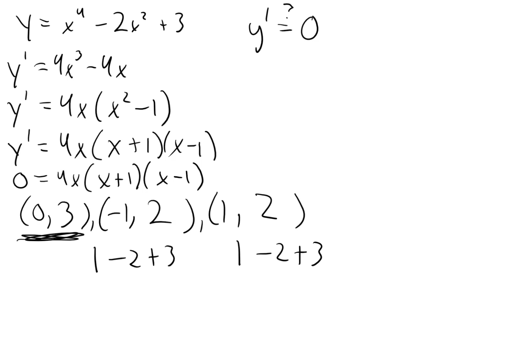So I don't know anything else about what the rest of this graph looks like, but I know at 0, 3, temporarily it has a slope of 0. At -1, 2, it temporarily has a slope of 0, and at 1, 2, it temporarily has a slope of 0.